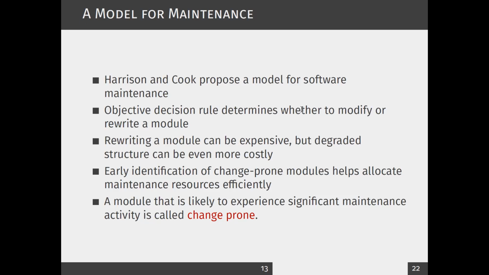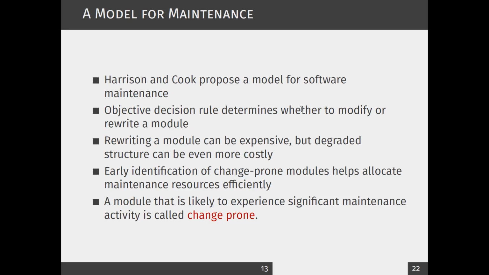Now let's look at some models for maintenance. When you want to maintain a software, you need some way or some procedure for maintenance. There are many, but the reference given for this module highlights a model proposed by Harrison.